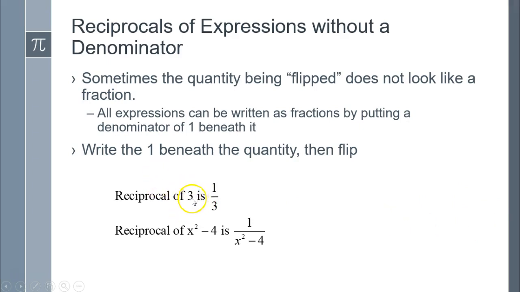So if I do 3 over 1 instead of 3, I can see that its reciprocal will be 1 over 3. So if you're trying to flip a quantity that does not appear to have a denominator, it does have a denominator of a 1. So there's like a 1 under this x squared minus 4. So when you flip it, you get the 1 on top and the x squared minus 4 on the bottom.